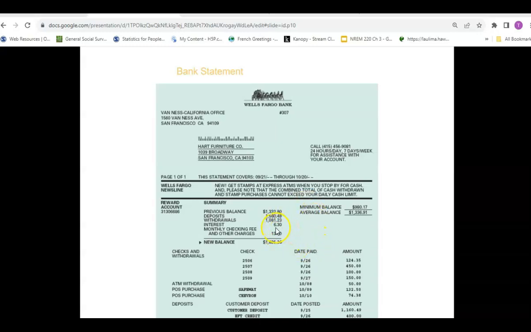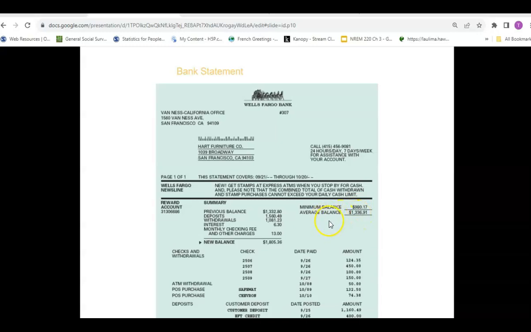If we earned any interest from our bank account, that would be added here as well. Okay, we also have monthly checking fees and other charges would be included here. And so our new balance is $1,805.36. So our previous balance adds any deposits for the month, it subtracts withdrawals, adds interest, and subtracts any fees and charges. And that's what makes up our new balance.